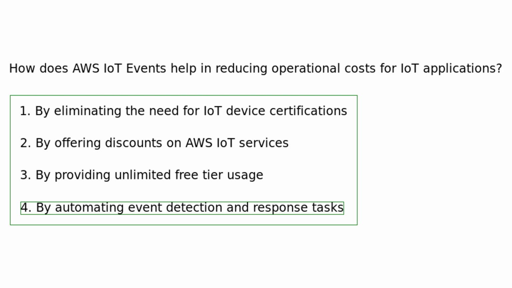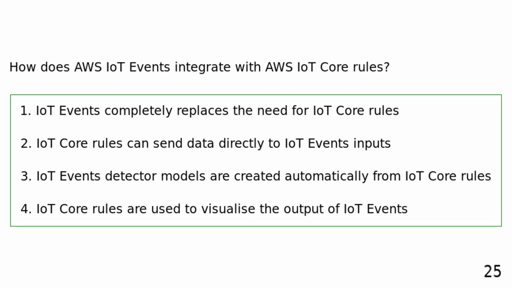and improving overall efficiency. How does AWS IoT Events integrate with AWS IoT Core rules? IoT Events completely replaces the need for IoT Core rules. IoT Core rules can send data directly to IoT Events inputs. IoT Events detector models are created automatically from IoT Core rules.